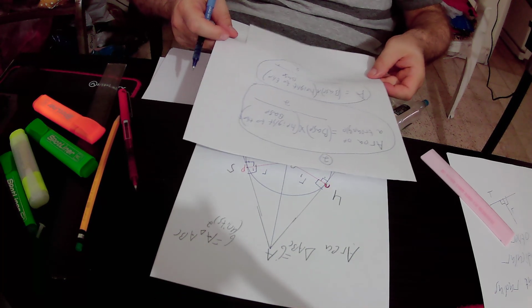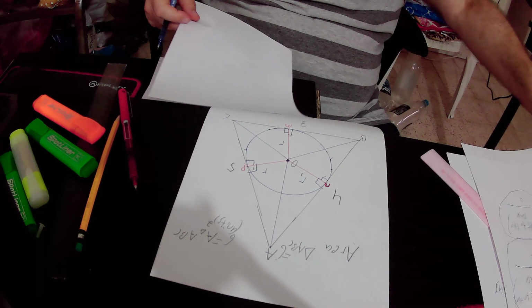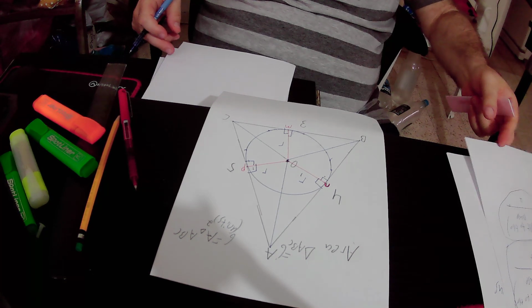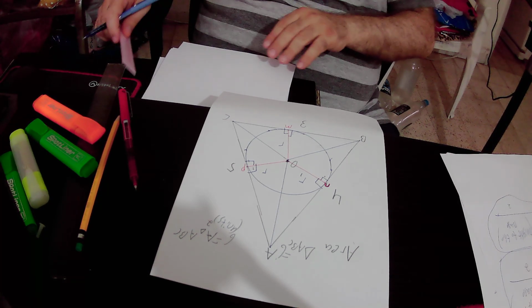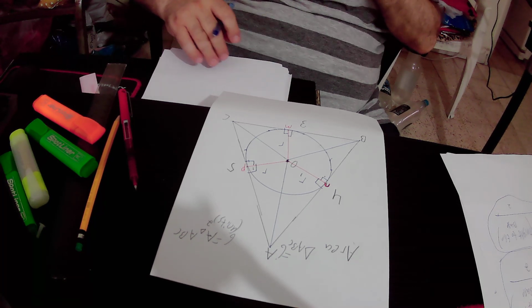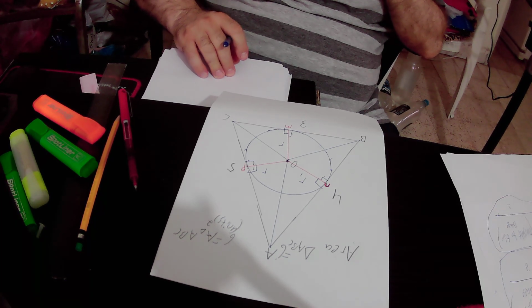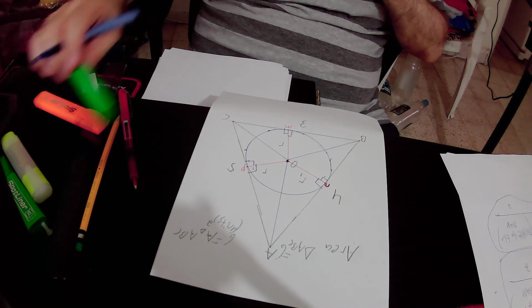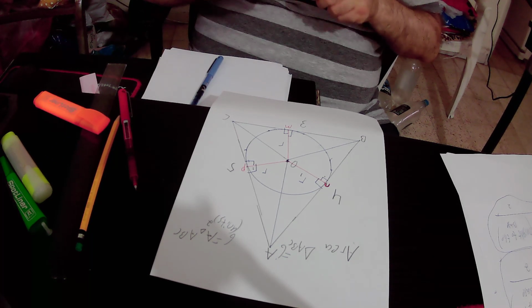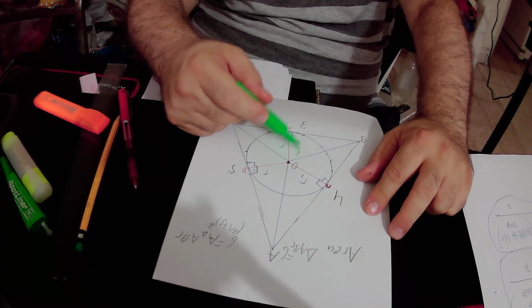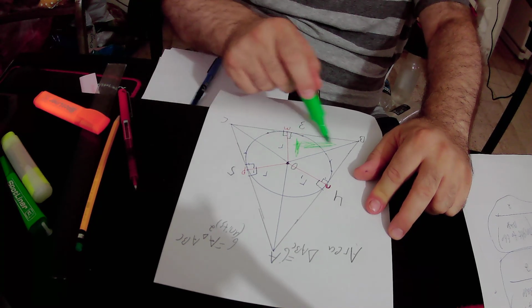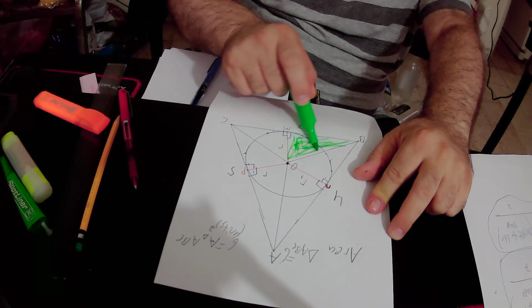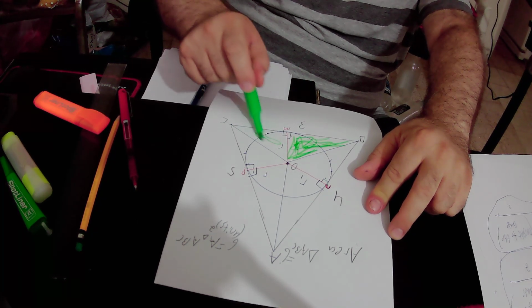Okay, so we can use this formula in order to calculate the area of triangle BOC. We will calculate the area of the green triangle BOC.